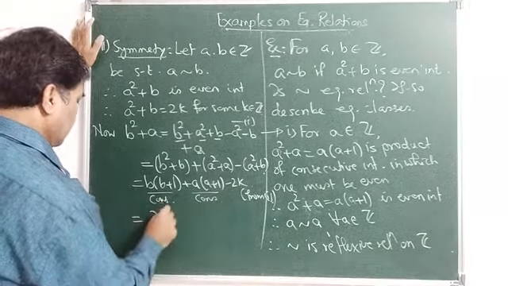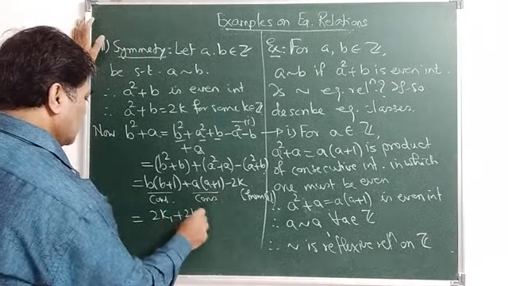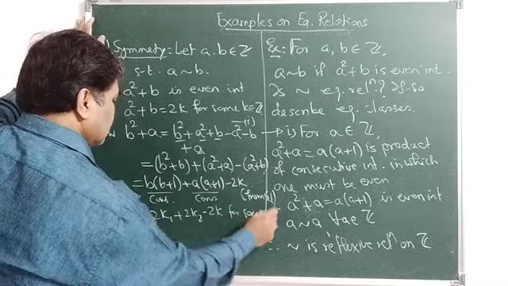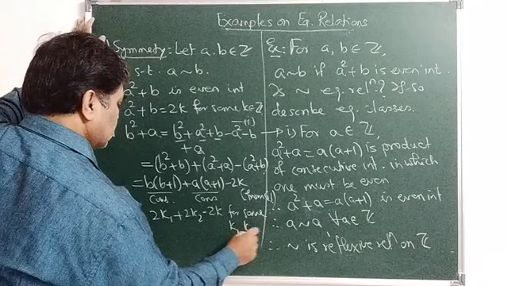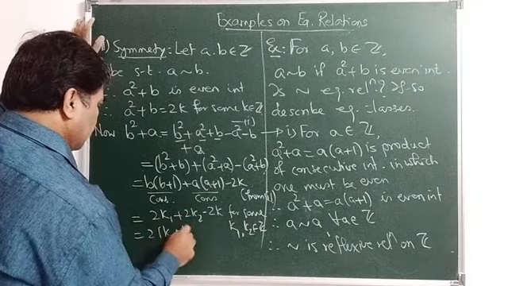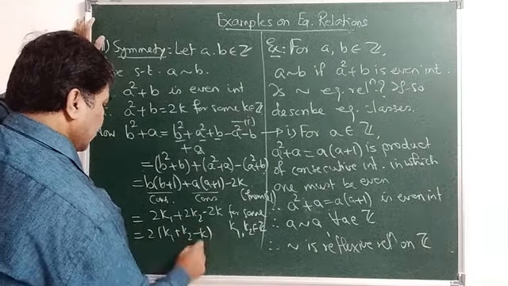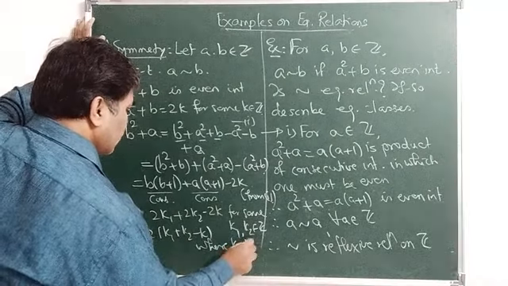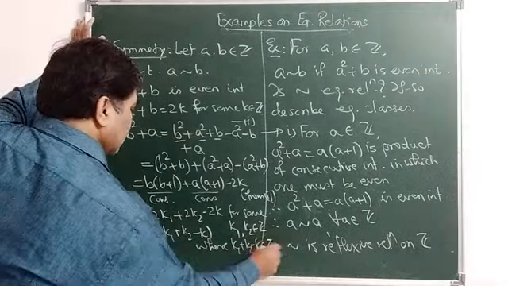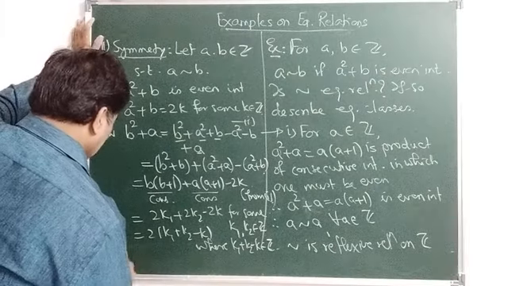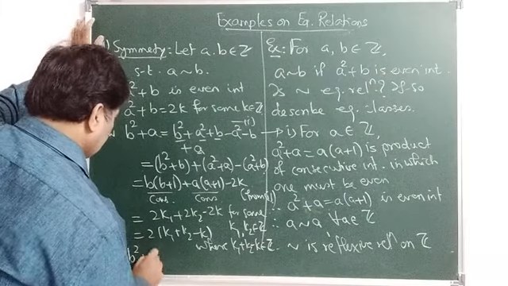Therefore, this is say 2k1 plus 2k2 minus 2k for some k1, k2 belongs to Z, which is equal to 2 times k1 plus k2 minus k, where k1 plus k2 minus k belongs to Z. Addition and subtraction of integers is an integer, and therefore b square plus a is an even integer.